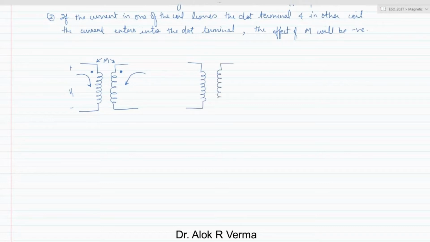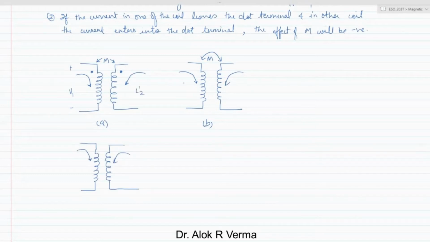There are a total of 4 cases possible, so I am drawing all the 4 cases, with current 1, current 2, and mutual inductance M. So this is case A, this is case B, this is case C, and this is case D.